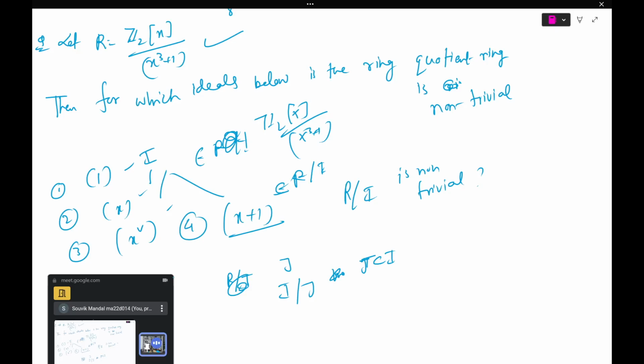The quotient ideal I by J makes sense when J is contained inside I. So within options 1, 2, 3, 4, first you need to understand which ideal contains x cube plus 1. This is the first thing you need to observe. Do you understand what I'm trying to say?